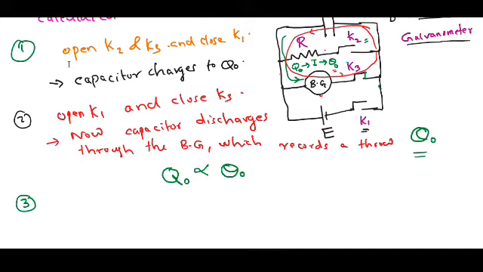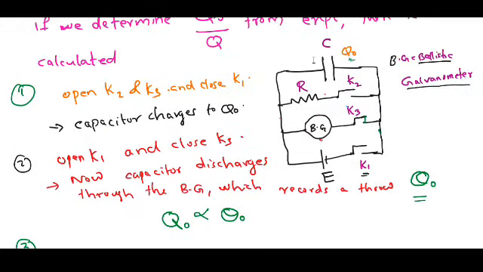Now let's go to the third procedure. In step 2, the charge on the capacitor was slightly reduced because the capacitor discharged through the BG. A small amount of charge might have reduced from the capacitor. Then again we have to charge this capacitor, and to charge the capacitor, the battery should come into the picture.